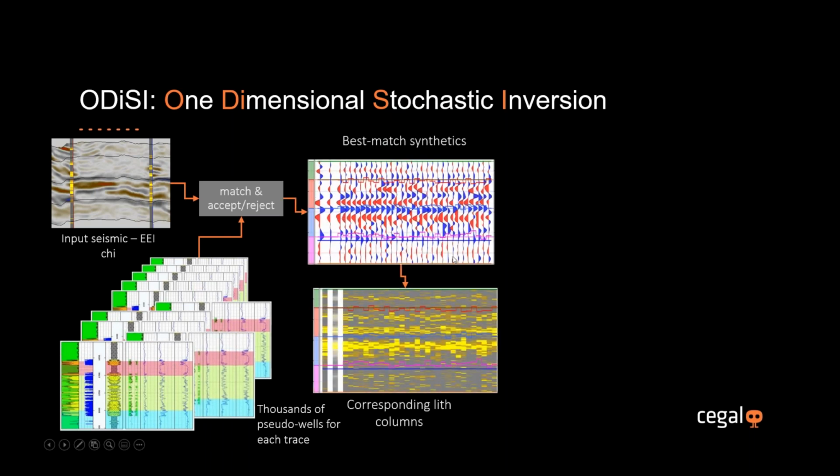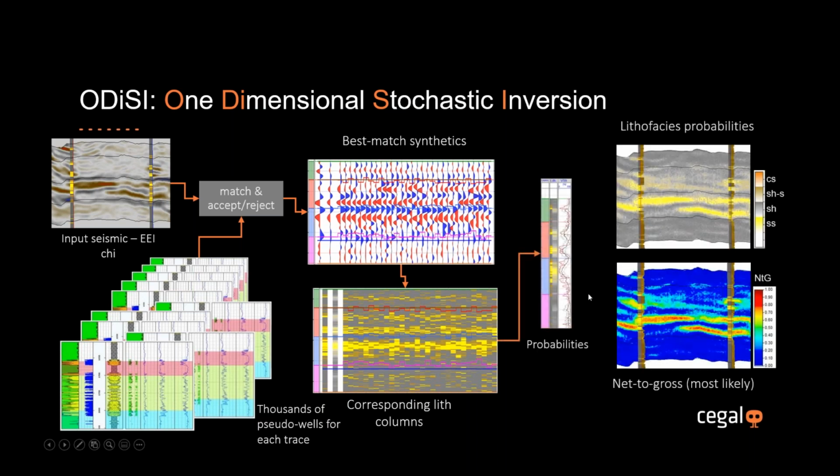The 100 best-matching pseudo-wells, which have the lowest RMSE values, are then selected. Each of these synthetics has a corresponding lithology column and all the suite of logs. So we can then average the different properties, which gives us different information, so probabilities, like here, lithofacies probabilities or net to gross.